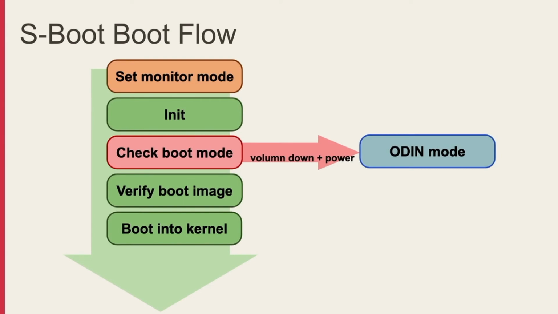In general, Samsung Secure Boot will verify the boot image and boot into the kernel after setting up the secure monitor and initializing hardware. But Secure Boot will enter Odin mode if we press the volume down and power buttons during the booting process.